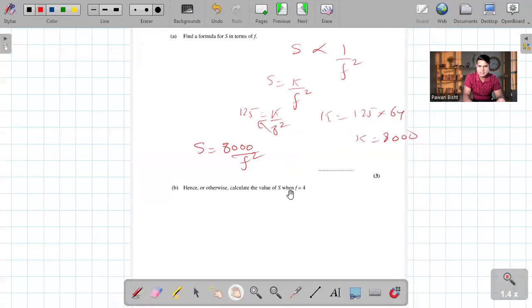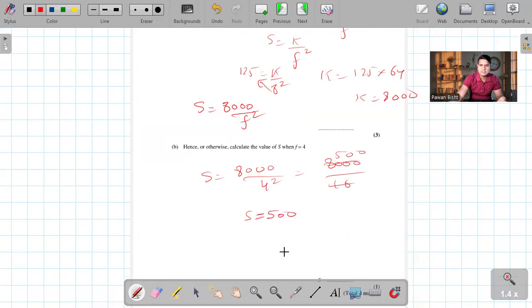Right? Now the second part, they say calculate the value of S when f is 4. So S is equal to 8000 over 4 square, 8000 over 16, which is 500. So S is equal to 500. This is my answer. Okay.